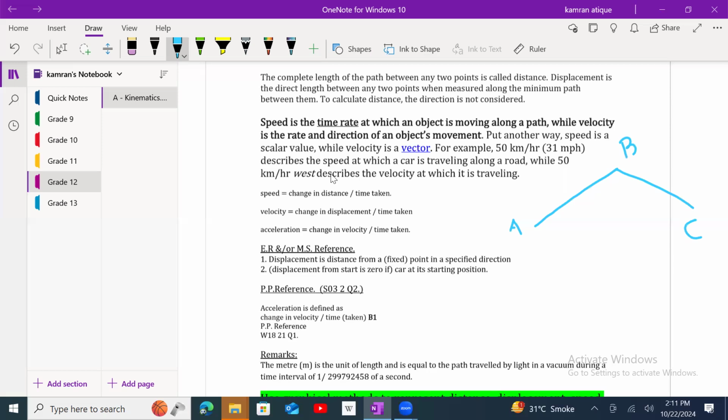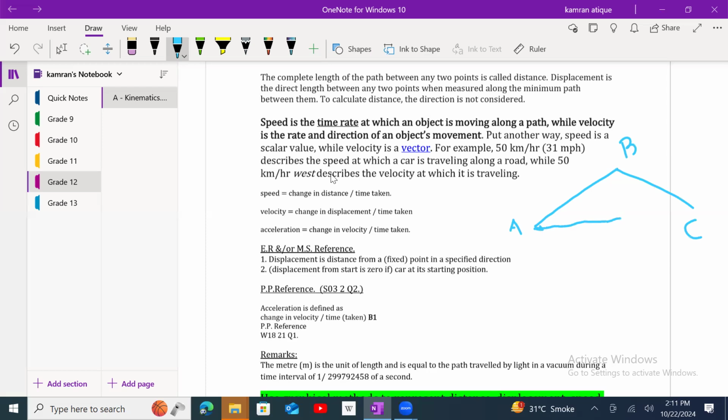Suppose A and B are 20 kilometers away from each other and B and C are 10 kilometers away from each other. The total distance covered in this case will be equal to 20 plus 10 equals 30 kilometers. But as far as displacement is concerned, even if the road is not available, we can go by air, through a helicopter.